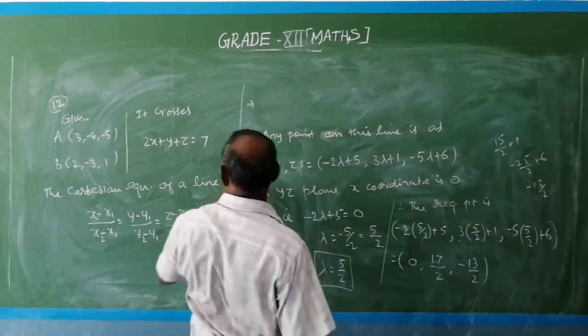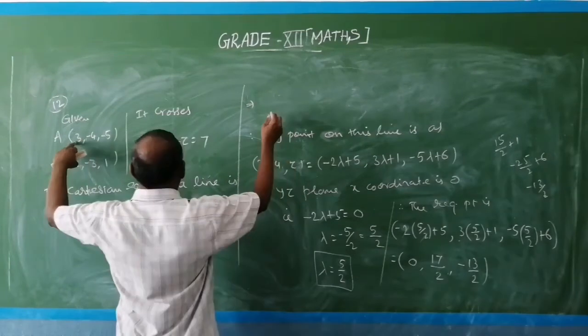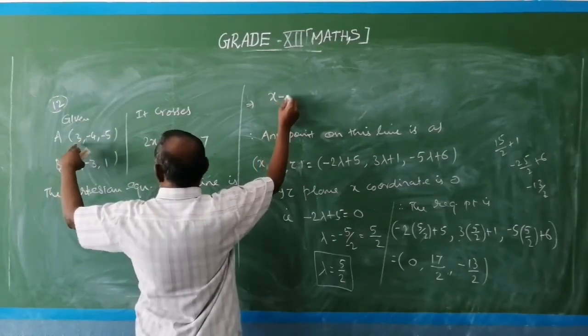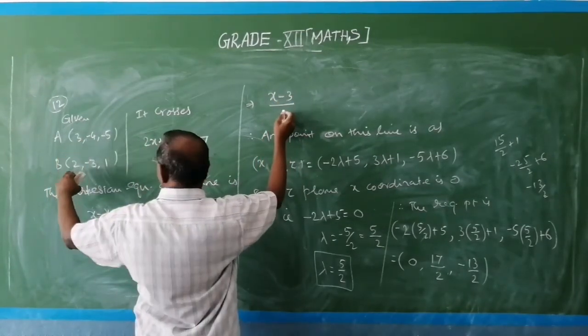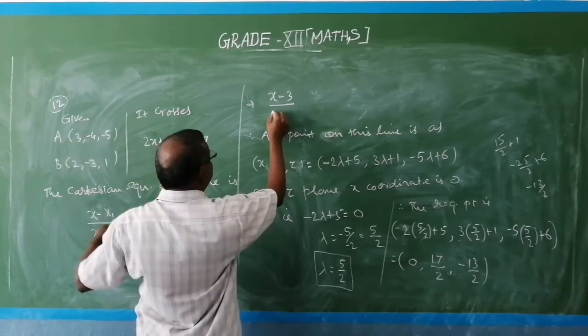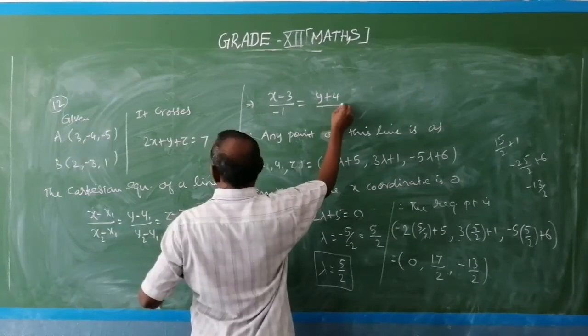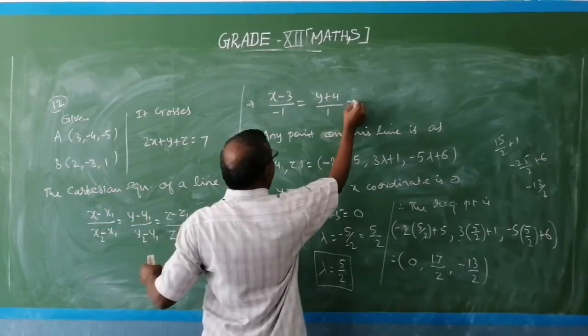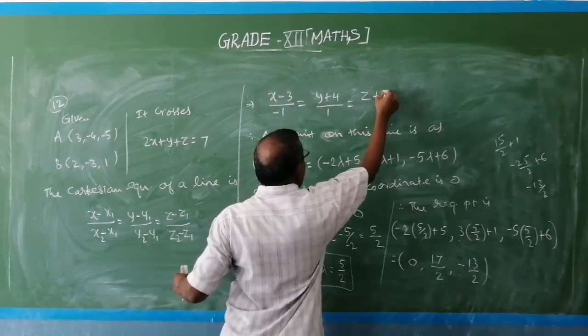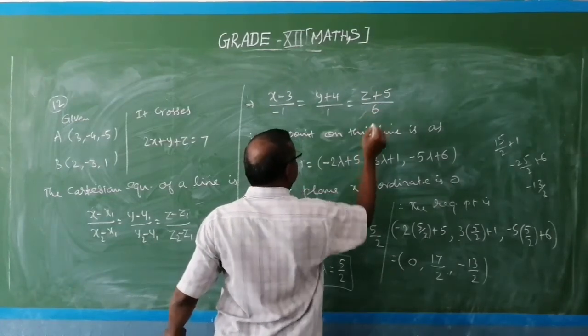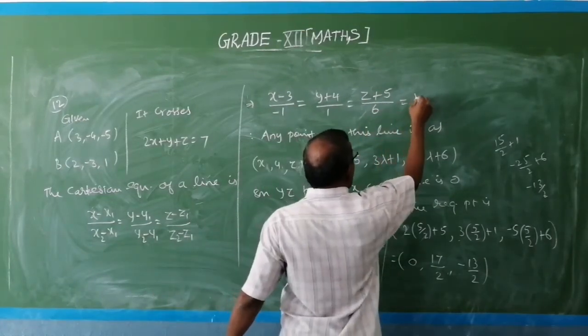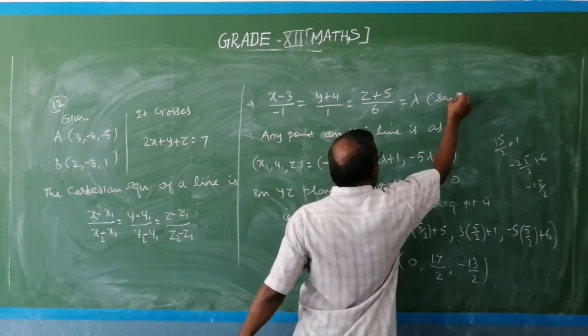The equation of the line is x minus 3 divided by 2 minus 3, that is minus 1, equal to y plus 4 divided by 1 equal to z plus 5 divided by 6 equal to lambda, say.